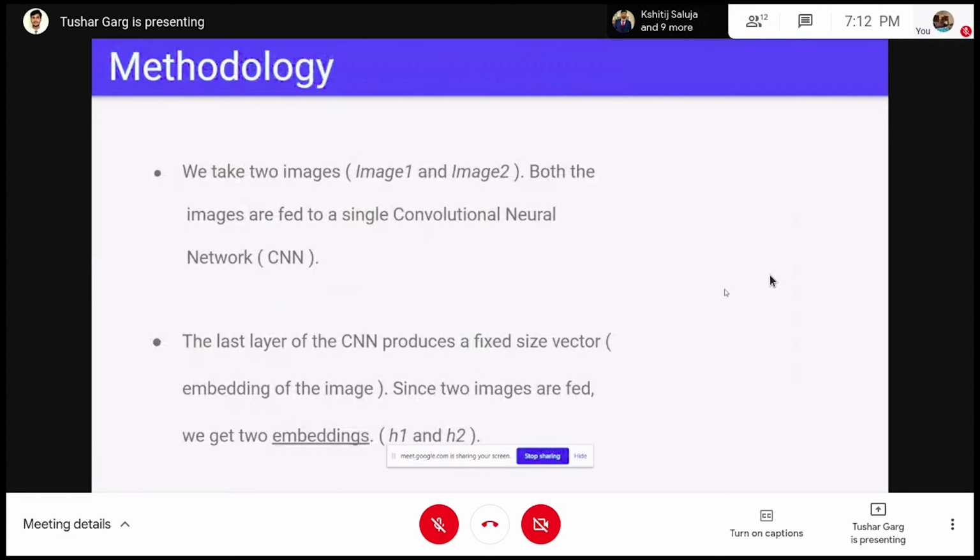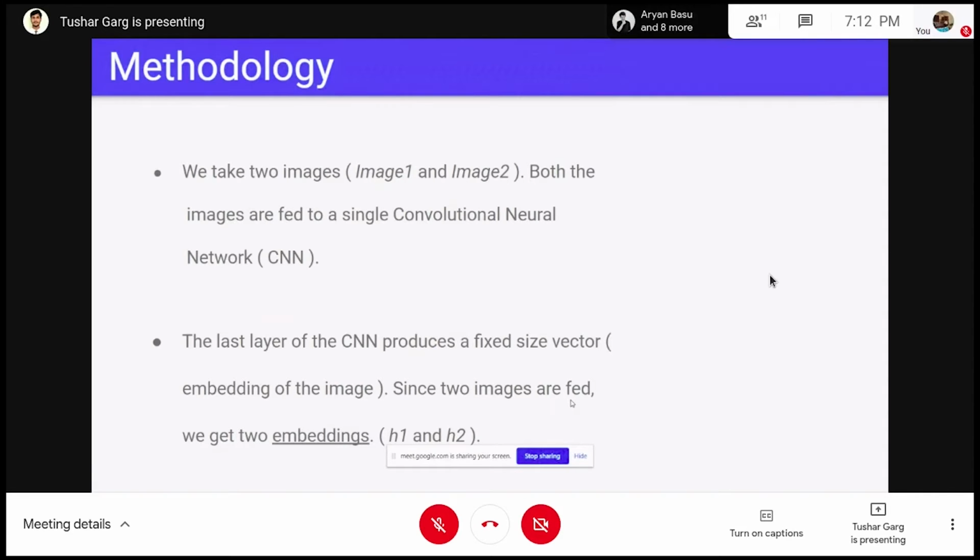Looking at the algorithm used, we take two images, image 1 and image 2. Both images are fed to a single convolutional neural network. The last layer of the CNN produces a fixed size vector, the 128 mentioned previously, which is the embedding of the image, that is, all features of the image are contained in that fixed vector.